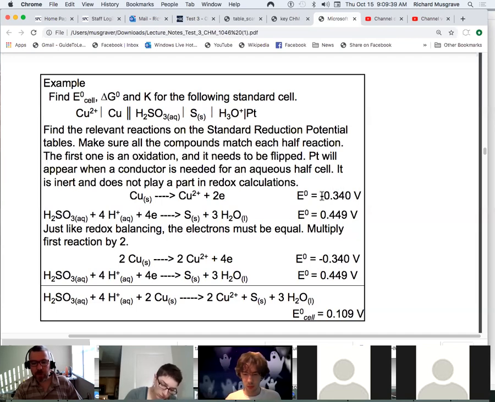See that? It was negative 0.340. Now it's still negative 0.340. So the copper is turning into copper 2+ plus 4 electrons, and we don't change the cell voltage. So the E0 cell is going to be the sum of those, which is going to be 0.109 volts. And there's your total overall reaction here. Does anybody have any questions?